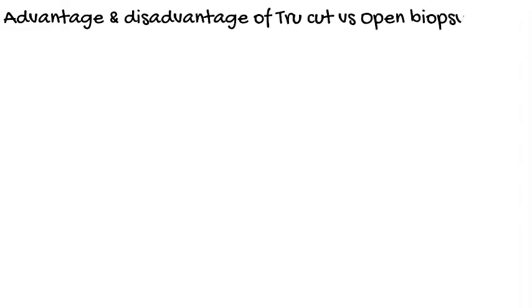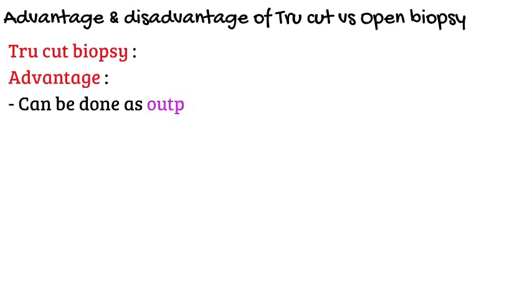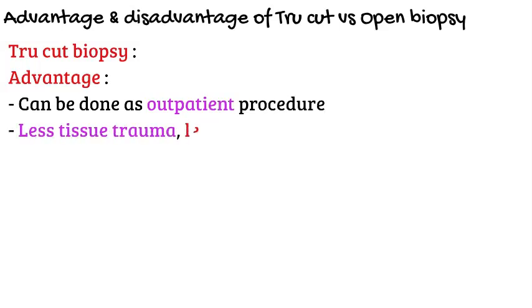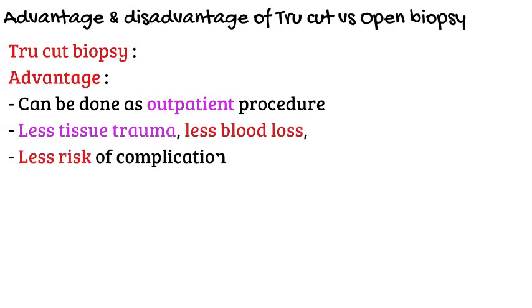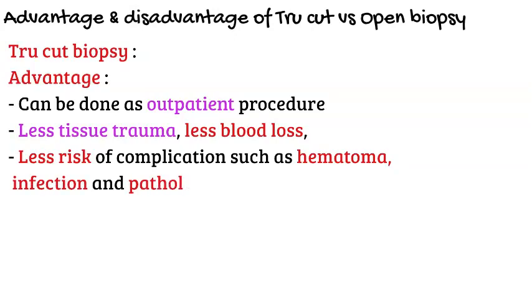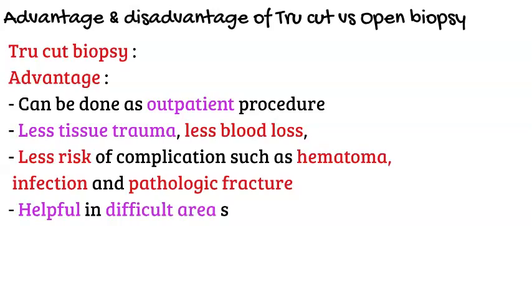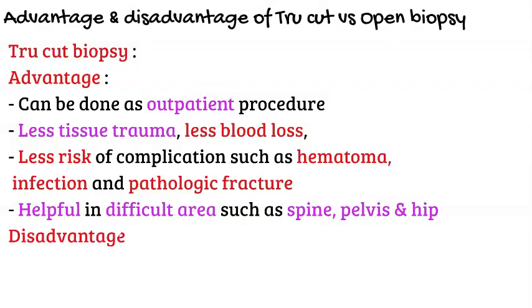Another question. Advantages and disadvantages of true cut biopsy versus open biopsy. For true cut biopsy, the advantages: it can be done as an outpatient procedure, less tissue trauma, less blood loss, less risk of complications such as hematoma, infection, and pathologic fracture.